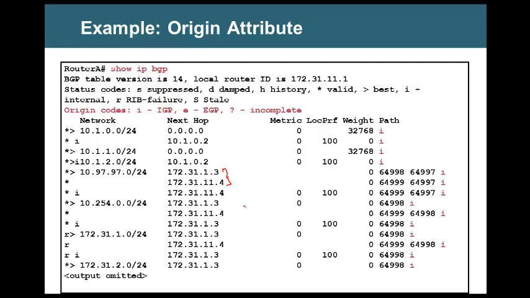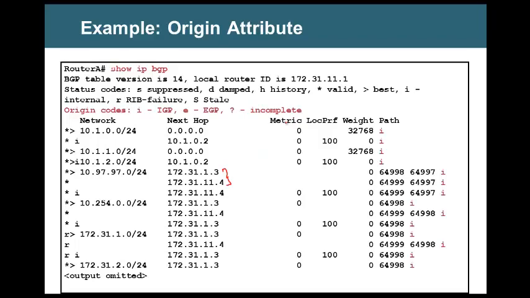And then next it will check the shortest IGP path to reach the neighbor. That we cannot decide based on this table. We need to check the metric of OSPF.